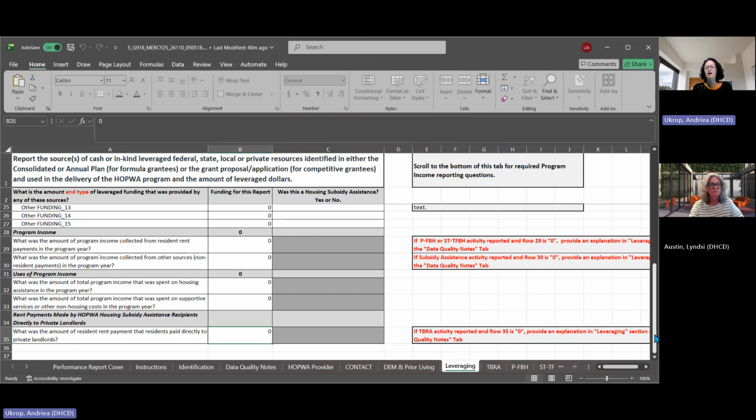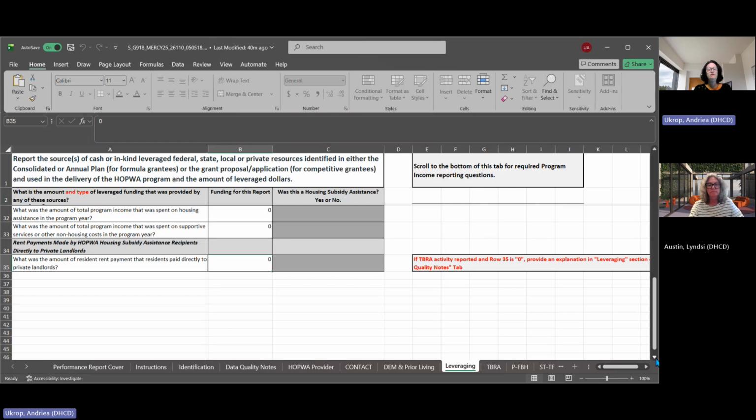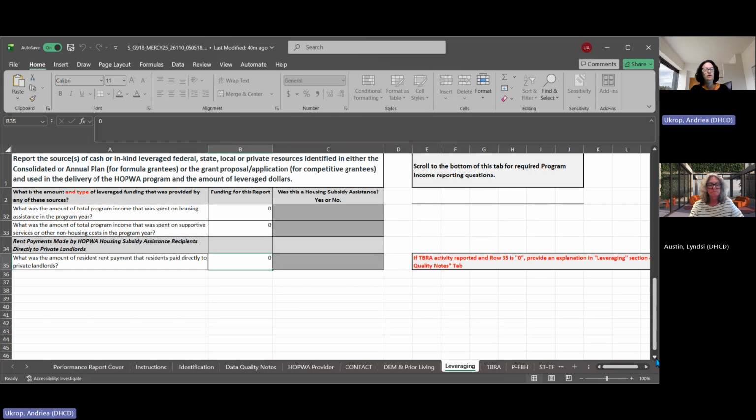Unless you are paying 100% of rent to a landlord, then we would expect to see how much residents pay directly to the private landlord. And this should be calculated when you are determining the 30% of the income that a client is required to pay. And the only time that that would be 0 is when the client's income is also 0.